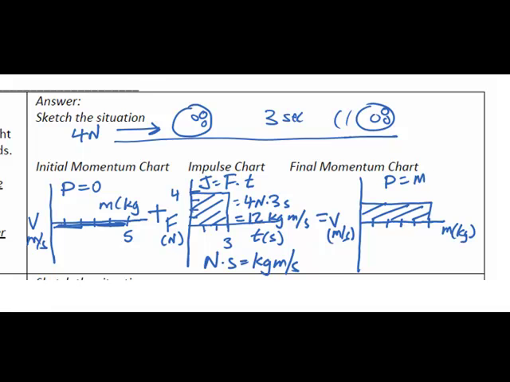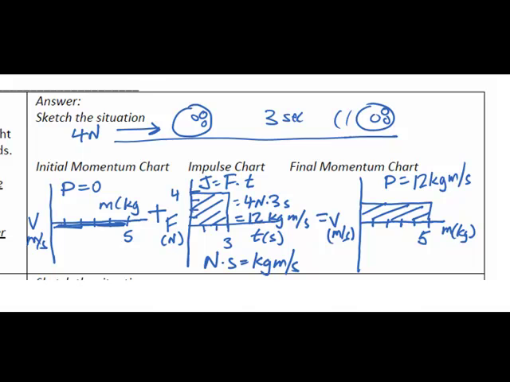And so we've answered the first question, what's the final momentum of the ball with units? That's 12 kilogram meters per second, and it has direction, so to the right.